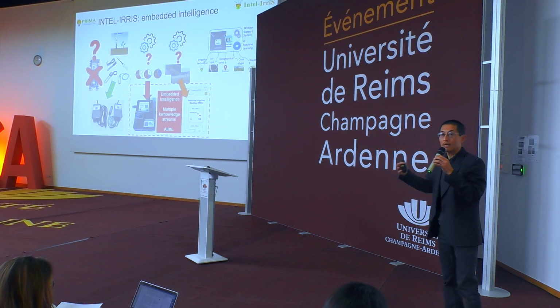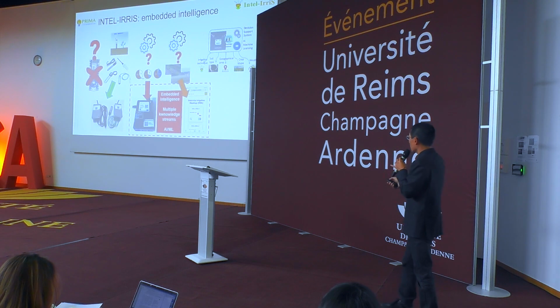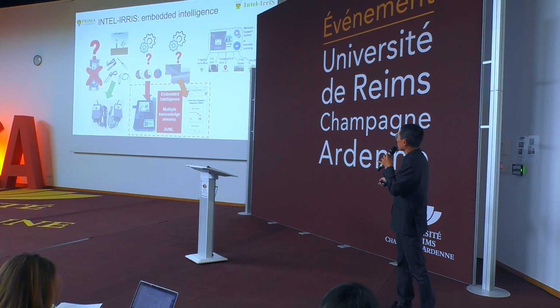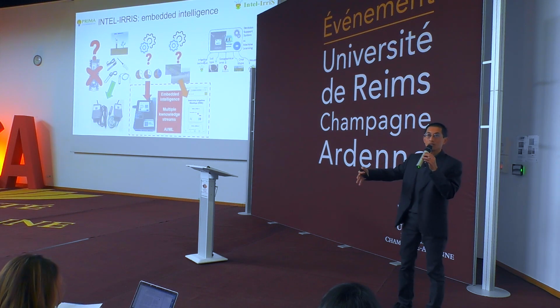So we have to embed it into the gateway itself, and we are developing an application here that tries to take most of these parameters and translate them into equations and into a decision-making process.